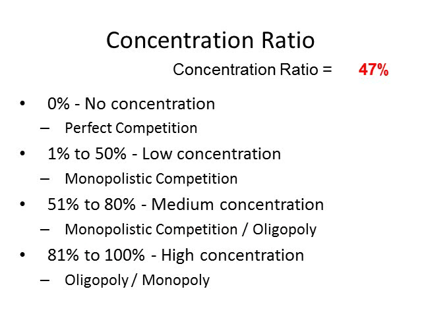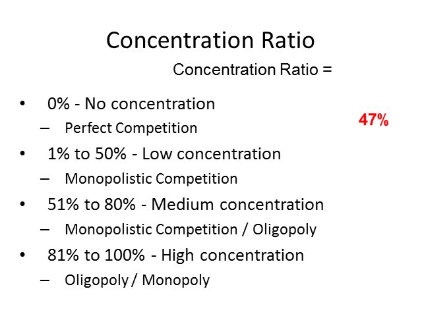To determine how concentrated the industry is, the calculated concentration ratio needs to be compared to the concentration ratios defining the various levels of concentration and their associated market types. The first concentration ratio is 0%, meaning perfect competition.